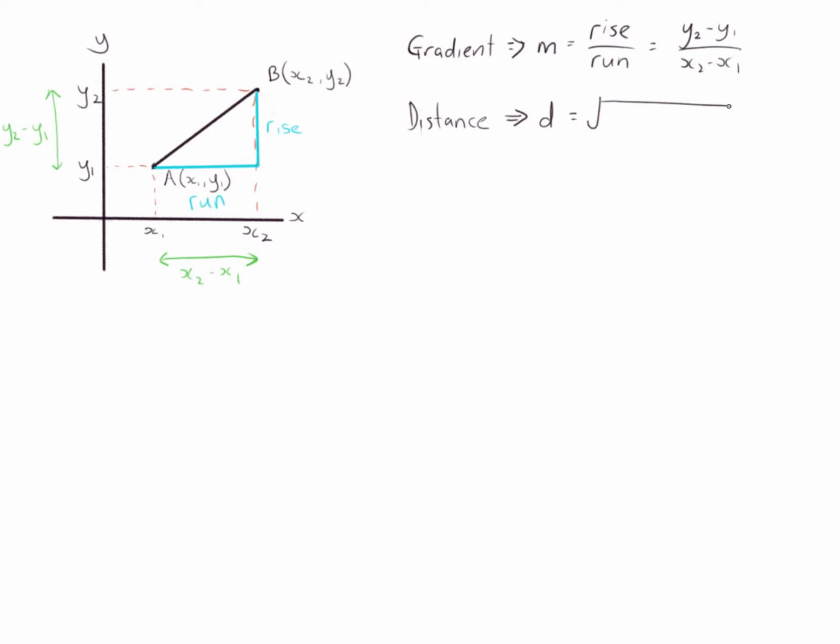Now these 2 sides are just the run and the rise, and we've already come up with expressions for both of those. The run is x2 minus x1, and we'll square that. And the rise is y2 minus y1, and we'll square that. So that is our distance formula.